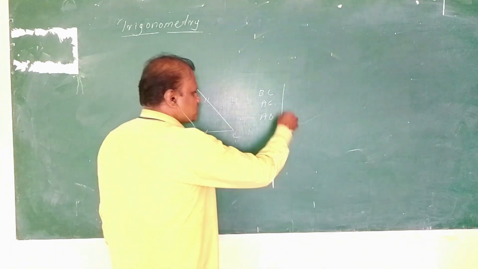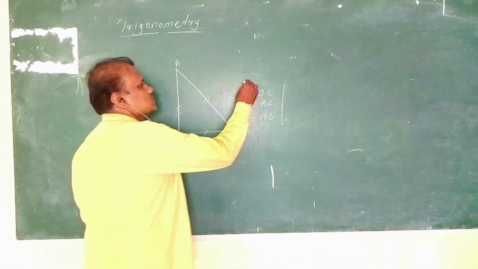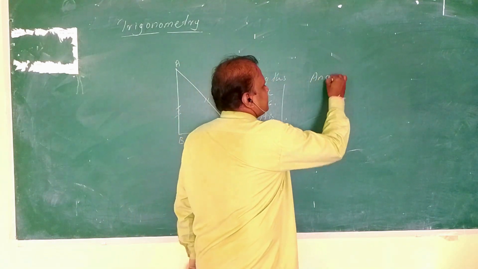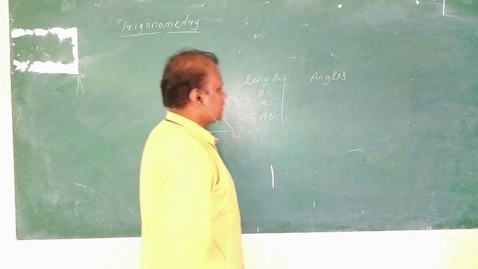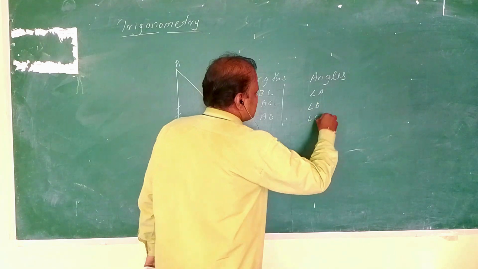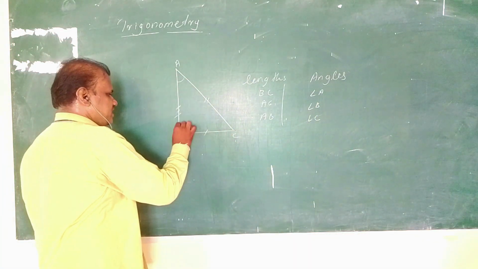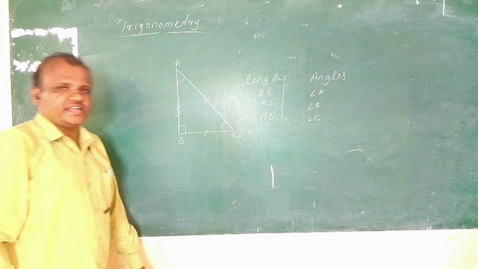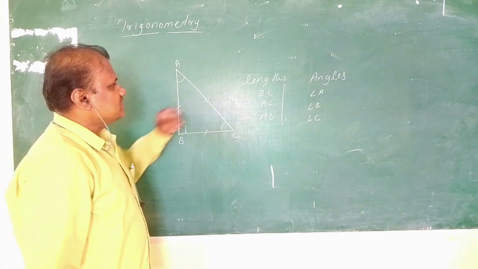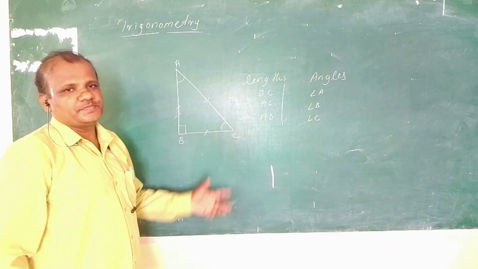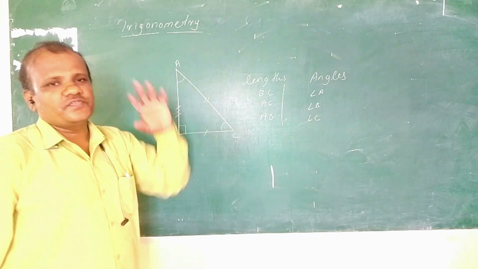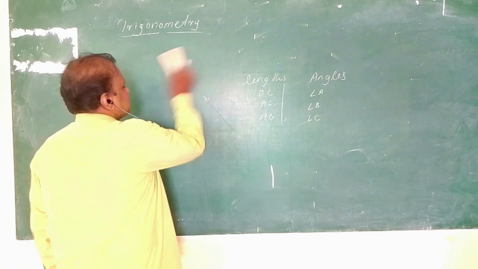At the same time, you can measure the angles between these sides, for example angle A, angle B, angle C. These are the 3 angles which you can measure. That is related to metry, a mechanism in which you measure. So in this class we are going to measure the lengths and the angles of a trigon. That's why this is called trigonometry.